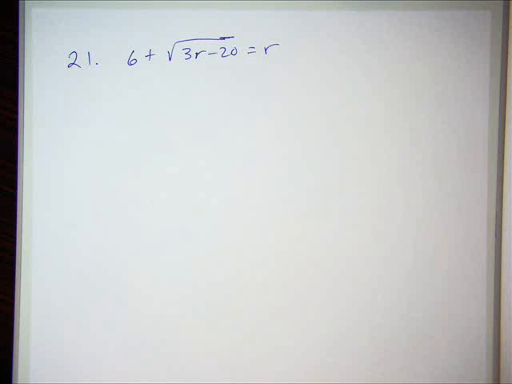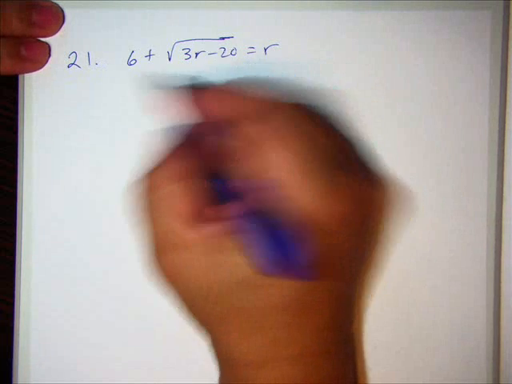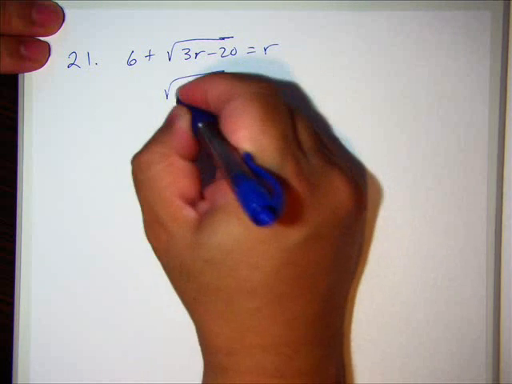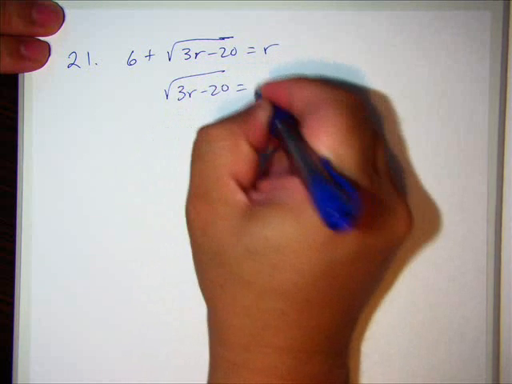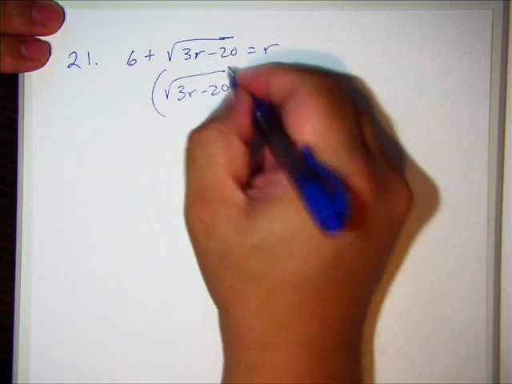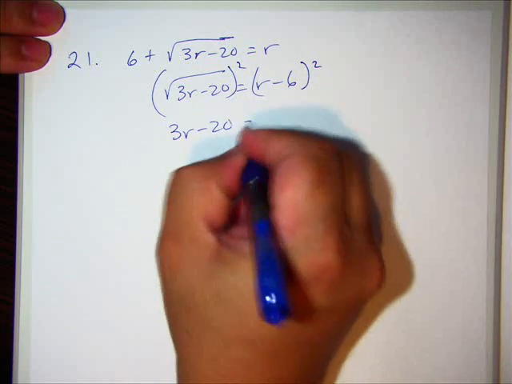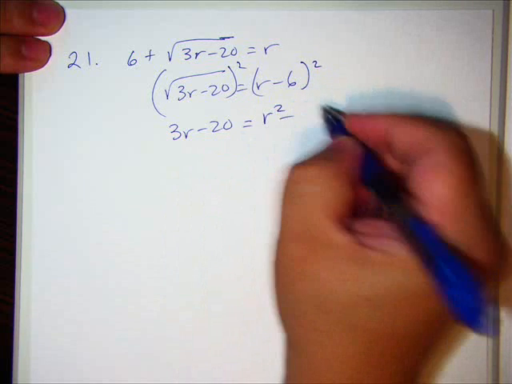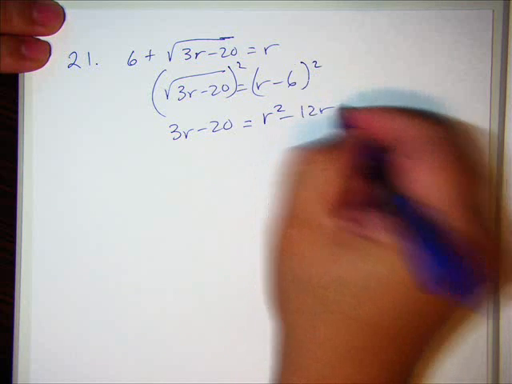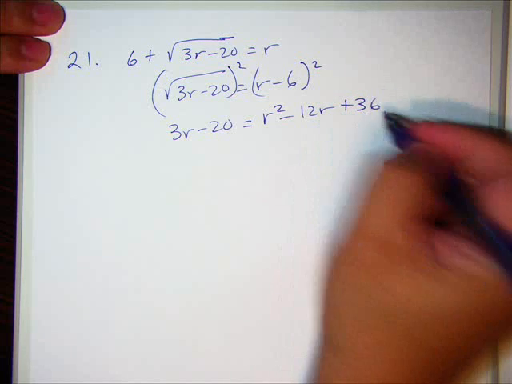I made a mistake, so I had to start over. Okay, sorry. Alright, move everything to the right. R minus 6, square both sides. Minus 12R plus 36.